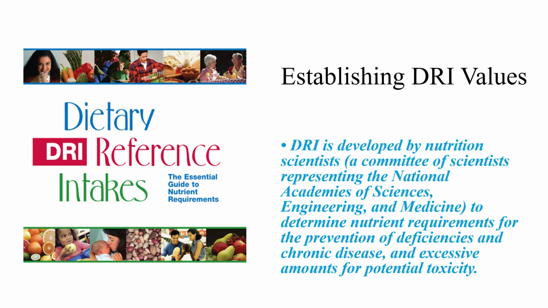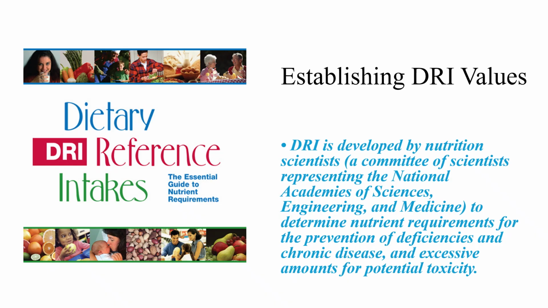Establishing DRI values. DRI is developed by nutrition scientists, a committee of scientists representing the National Academies of Sciences, Engineering, and Medicine. They help determine nutrient requirements for the prevention of deficiencies and chronic disease, and excessive amounts for potential toxicity.